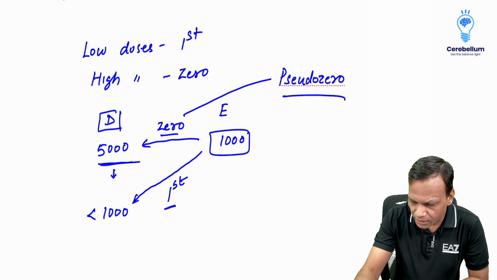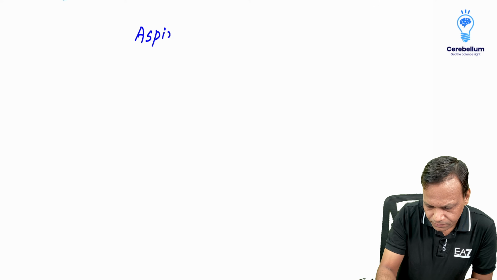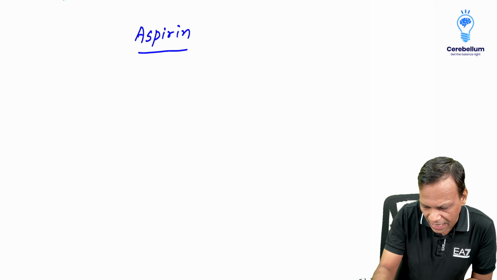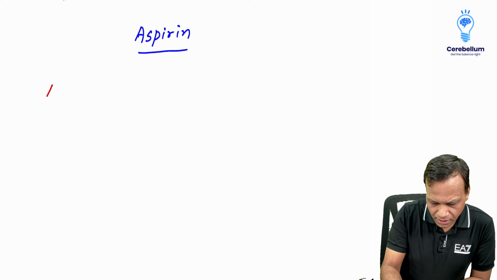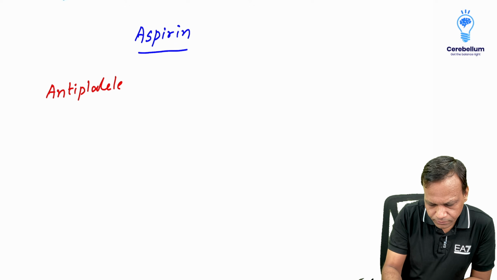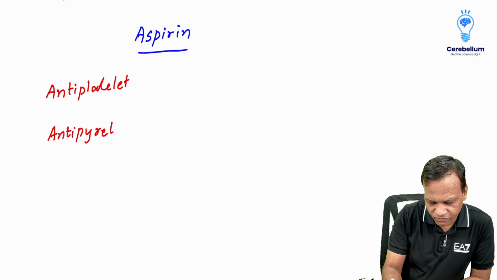Okay. Now the practical, clinical example to understand first and zero order kinetics is aspirin. Now, we all know aspirin has several dose dependent uses. The uses of aspirin include antiplatelet use, antipyretic use, that is, we can use it for fever.